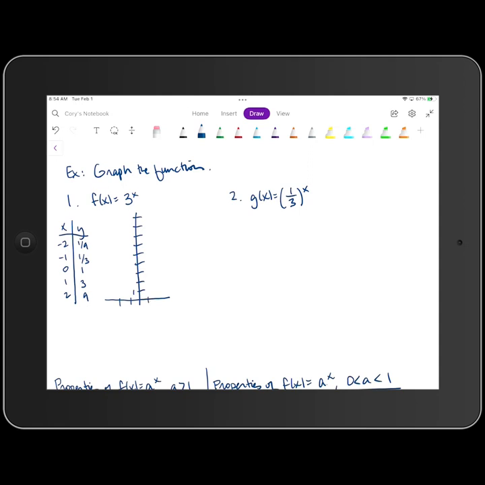So we'll make each dash mark in both the x and y direction correspond to 1 unit. We can take the ordered pair (-2, 1/9) and plot that point first, which is there. (-1, 1/3), which is about here. (0, 1), (1, 3), and then (2, 9).